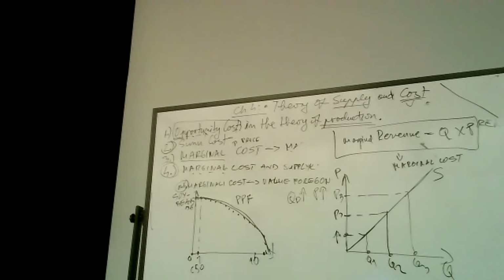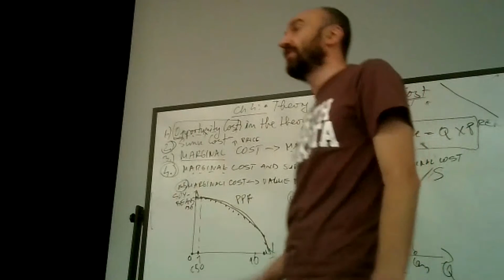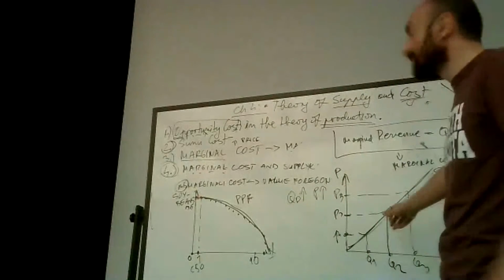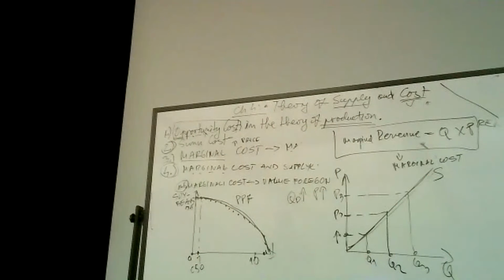How much does it cost the firm to produce one more unit? But you can also draw a supply curve for the entire market. How many cars will be produced by the entire American automobile industry at a given price per type of car? Or we can say even better, some homogeneous product, like oil.